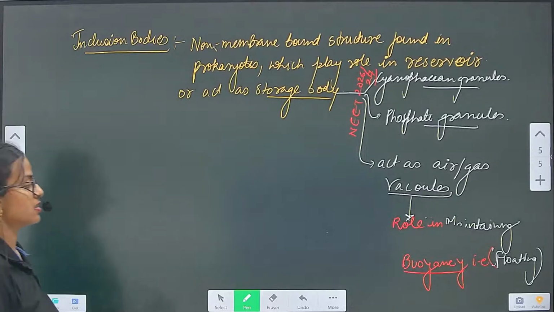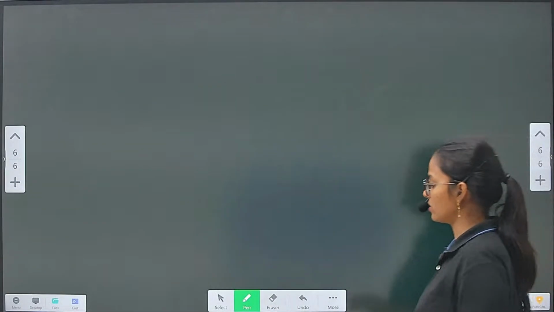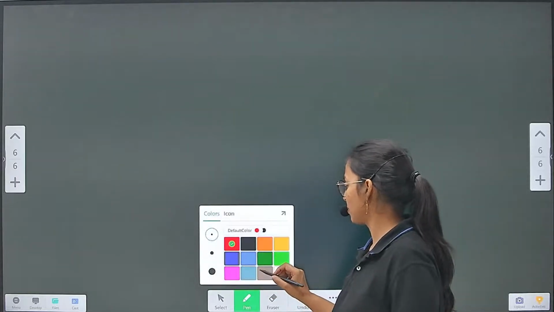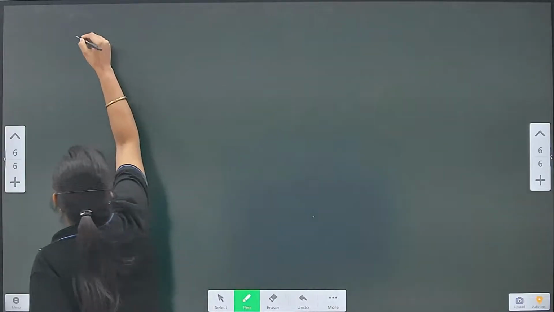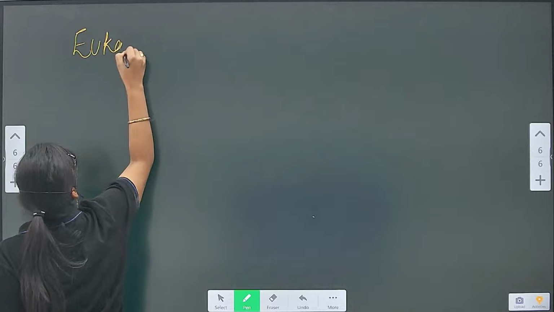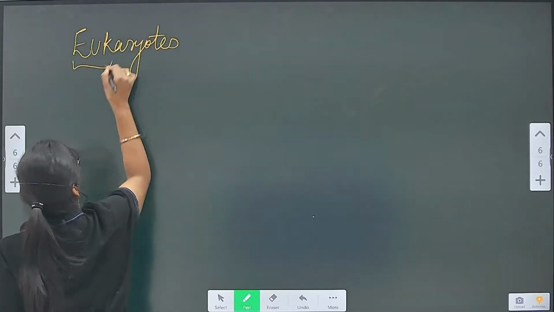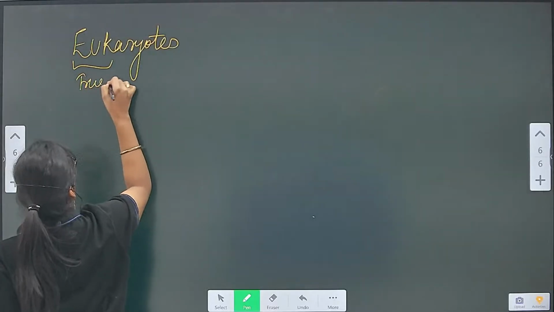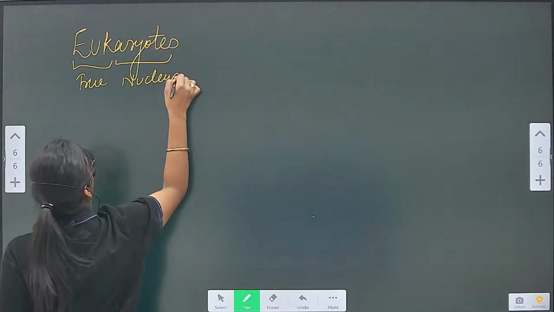Now let us move towards another topic, that is the eukaryotic system. Is that clear? Eu means true and karyote means the nucleus.